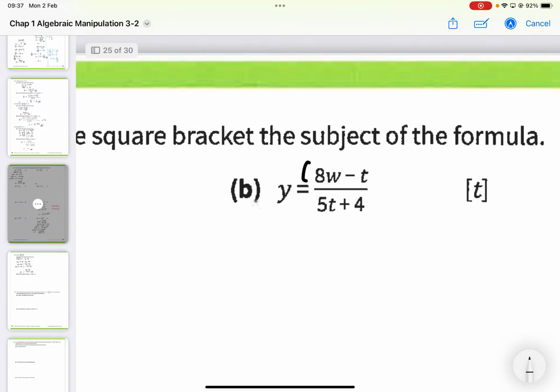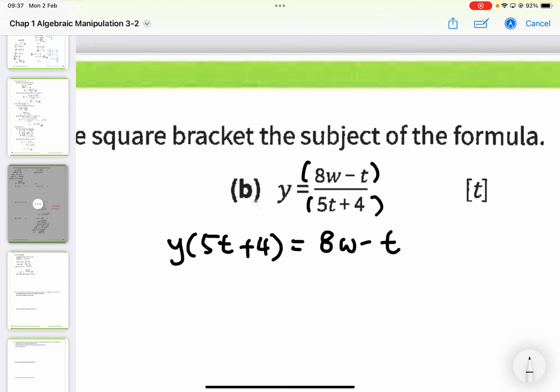Oh. Okay, bracket. They belong together. Then after that, I want to work with T. But my T is inside the bracket and this bracket is at the denominator. So I don't want it to be at the denominator. I need to multiply to remove the denominator.